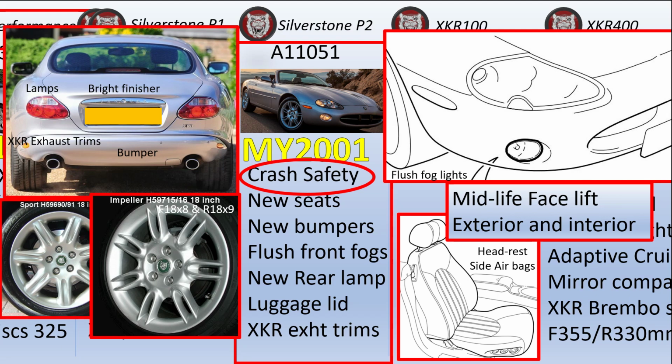There are also exhaust improvements. The exhausts on Model Year 2001 cars were made out of better materials, and the hangers on the rear back boxes are different. This is where the hanger is actually going front to back on the car rather than left to right. Got the XKR exhaust trims. It also had a new fuel level sensor. The fuel flap came with a tether.